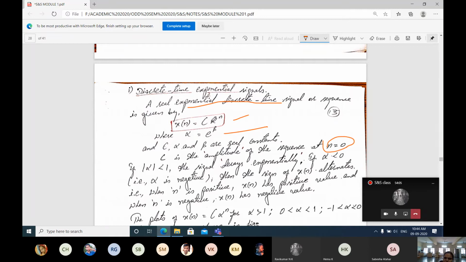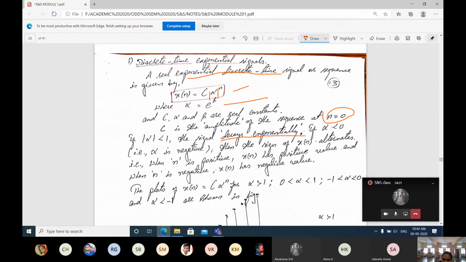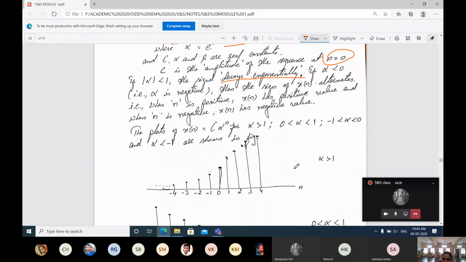Again, here there are two conditions based on our alpha. When alpha is less than 1, it decays exponentially. When alpha is greater than 1, it is growing, the same thing we learned for the continuous time signal. Observe here, for alpha greater than 1, it goes on growing.